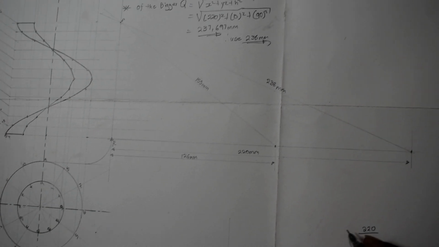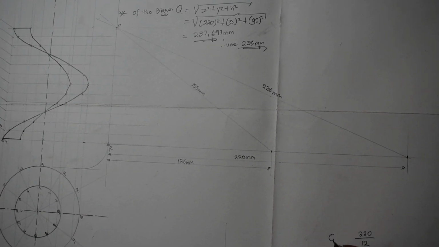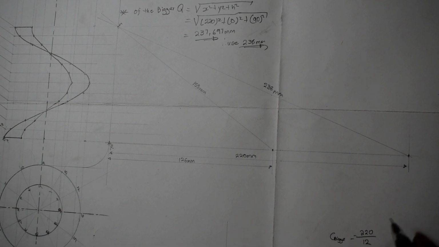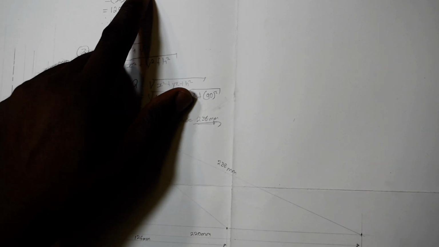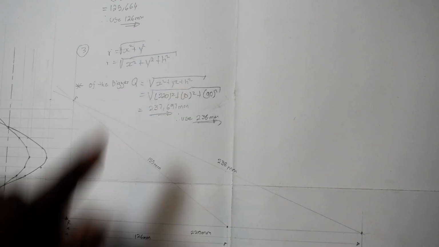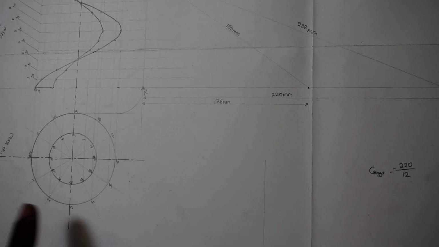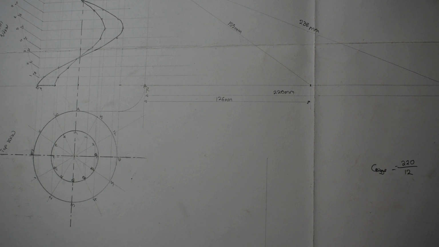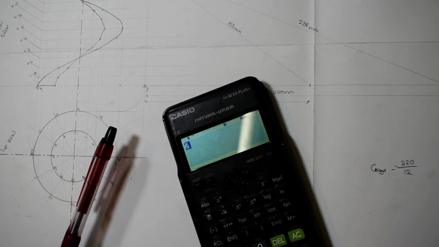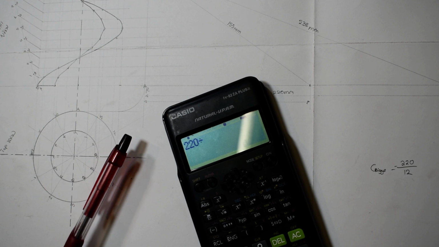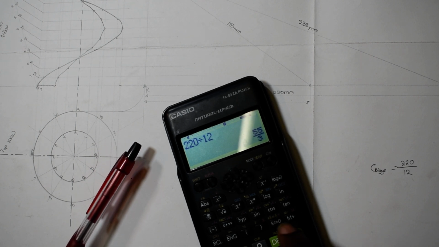So here I can say the circumference of the bigger diameter is equal to 220. This 220 is the one that we calculated earlier. Circumference of the bigger diameter divided by the 12 equal sides. So how much are you getting? Take your calculator. 220 divided by 12. How much are you getting?